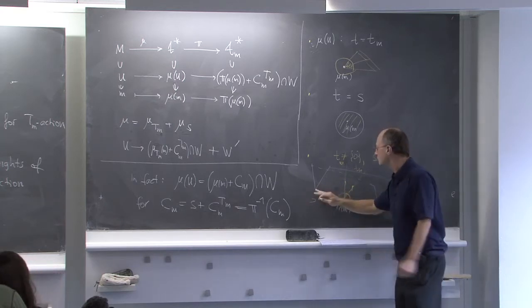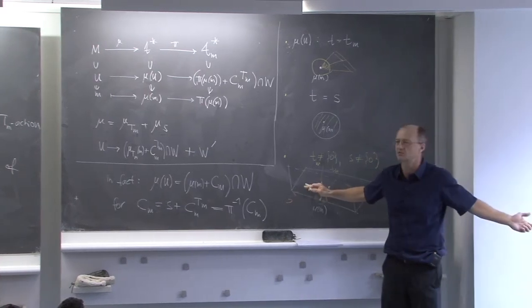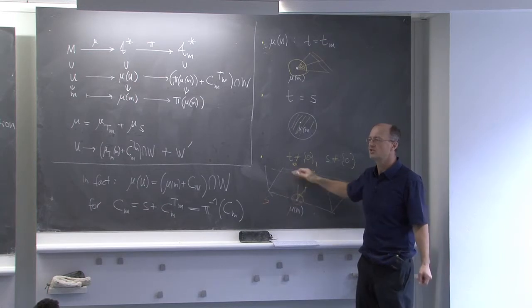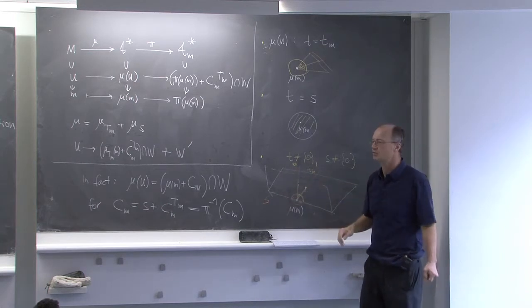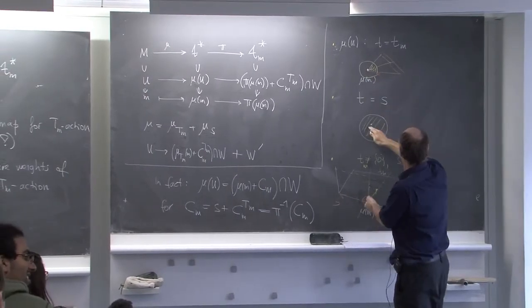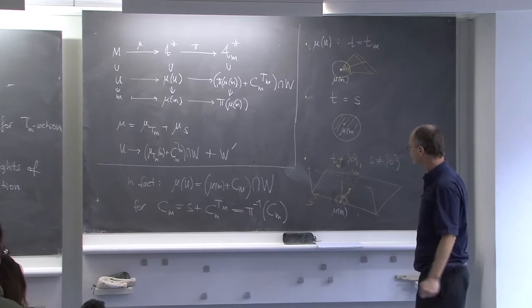So this polyhedral cone may have some kind of flat directions. It's a convex polyhedral cone, convex combinations of some number of vectors. It might be like wedges like that, or corners, or like the full spaces, or anything.